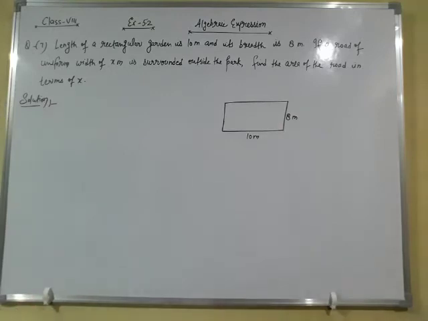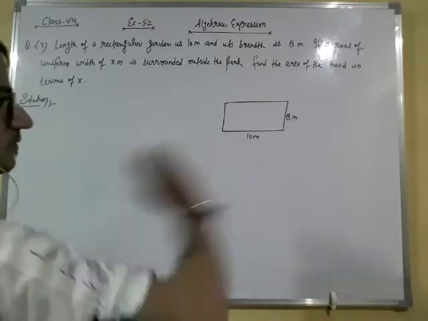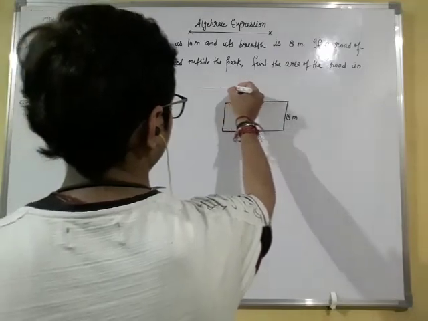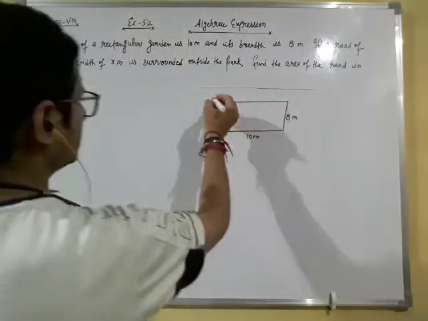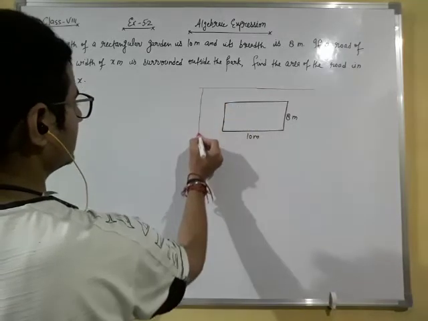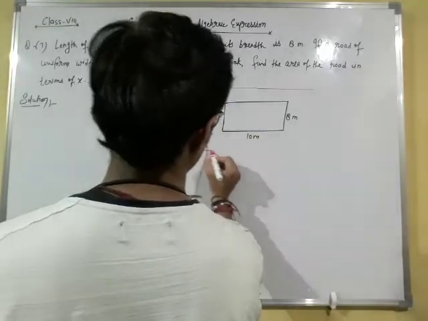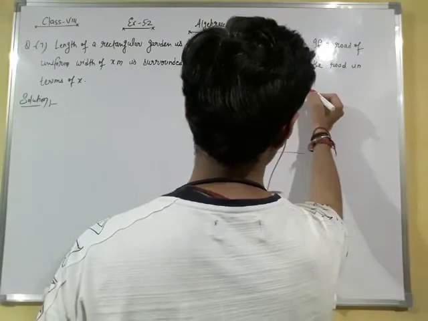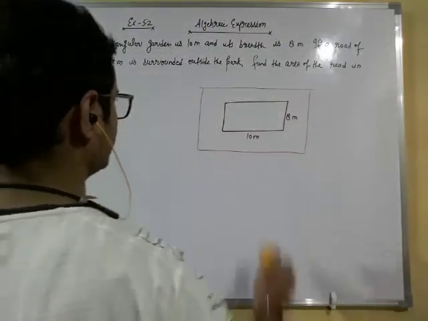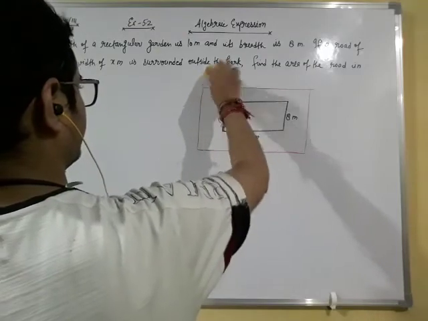If a road of uniform width of x meter is surrounded outside the park, what we are doing here is surrounding the park by a road, and the width of that road is x meter.